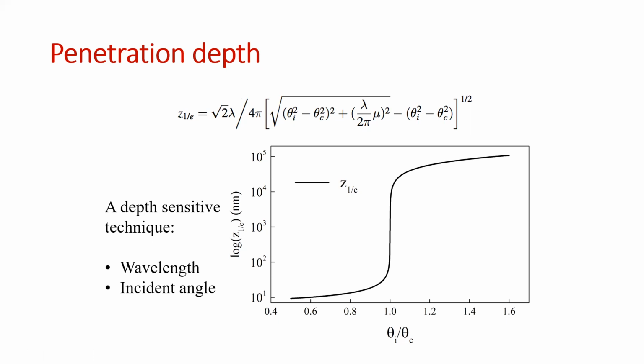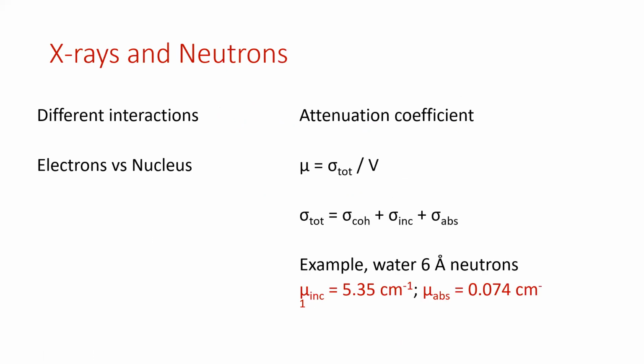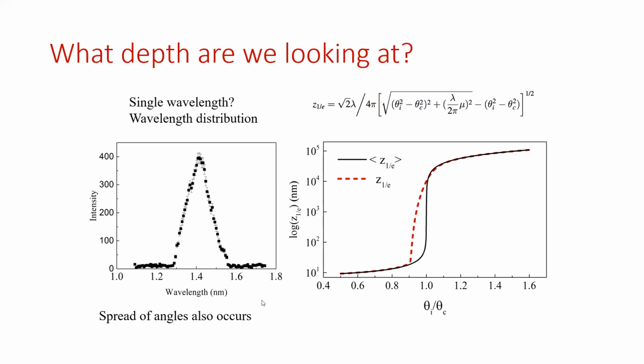It's also quite important to think about instrumental effects that I will show you very briefly. Typically, if we're measuring with a spread of wavelengths, we will actually then have a spread of critical angles, and this can also make quite a big change.